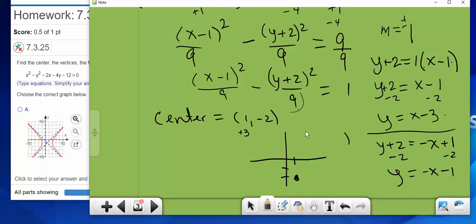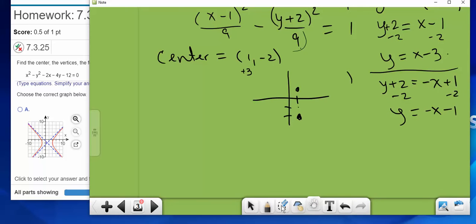Then we go up 3, down 3, right 3, left 3 to make our fundamental rectangle, and draw the asymptotes.